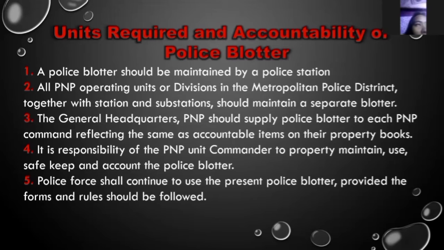The general PNP supply to command reflecting the same as accountable items on their property books.